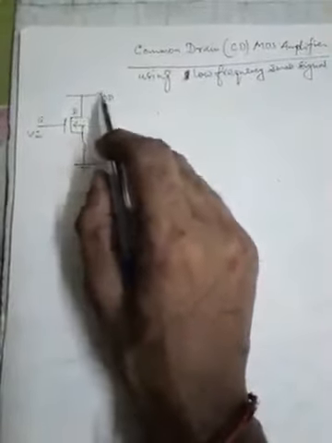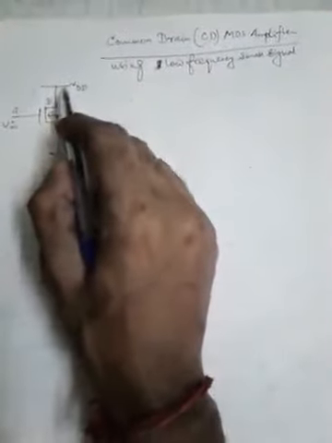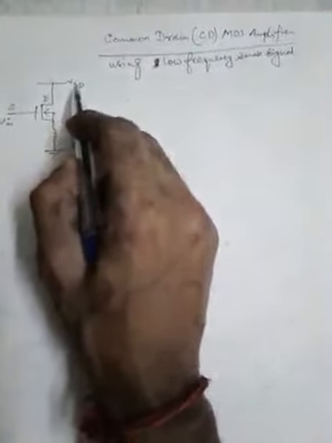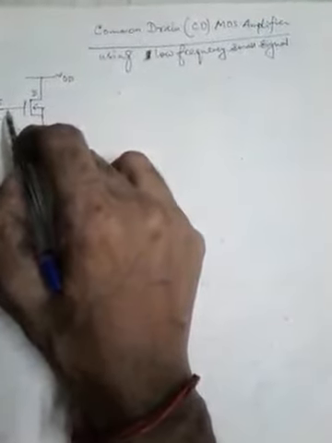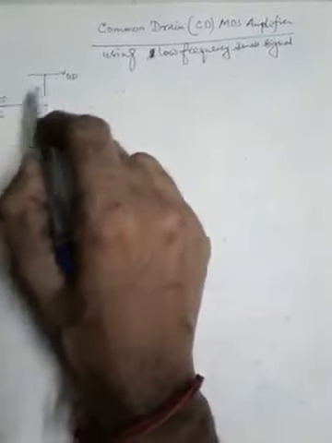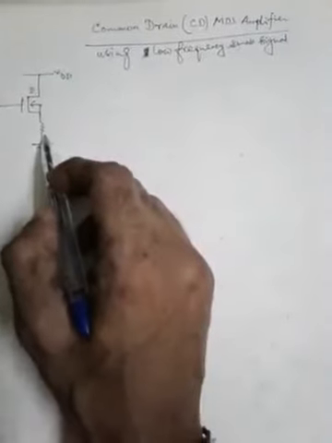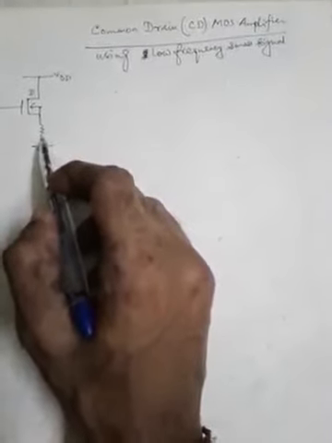This is the drain terminal where the external biasing supply VDD is applied, and through this VDD it is directly connected to ground. The drain is common to the gate terminal for the input stage, between drain and gate, and with the source terminal for the output stage.